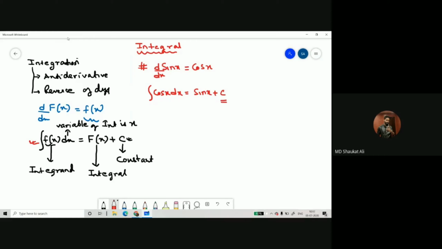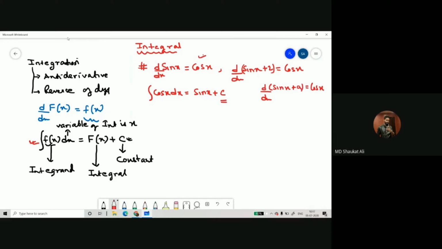Look over here. d/dx of sin x is cos x. If I write d/dx of sin x plus 2, still cos x. If I write d/dx of sin x plus a, suppose a is a constant, still we get cos x.